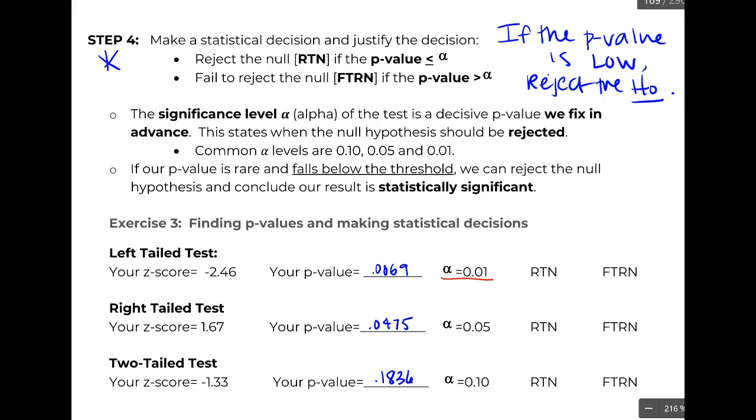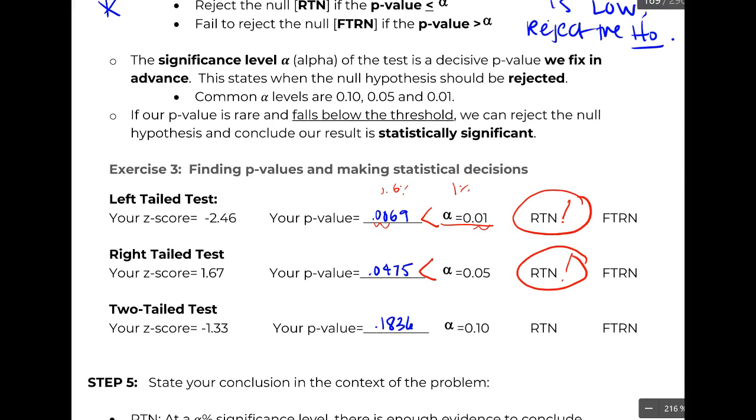So some students have some trouble with this. If you need to, think about moving your decimal place over twice, making these into percentages. So like this one will be 1% versus 5%. So definitely smaller than our alpha. So here we would reject the null. And every time I reject the null, I like to put a nice exclamation mark because it's what we want to do. 0.04 versus 0.05, well, 0.04 is smaller, so again, p-value is low, we reject the H-naught.